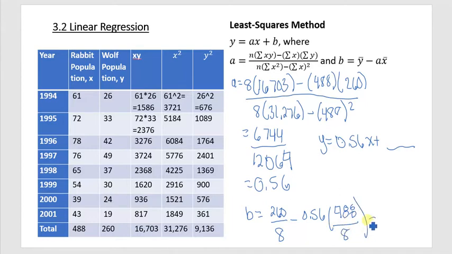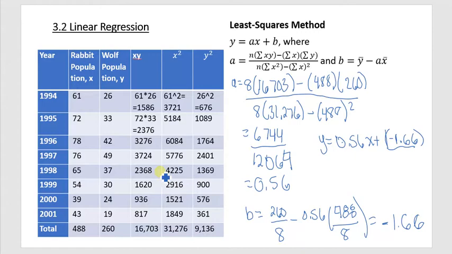And now let's just put that in our calculator. 260 divided by 8 minus 0.56 times 488 divided by 8. I get negative 1.66. Okay, so let's call it negative 1.66. Okay, and that's in there.